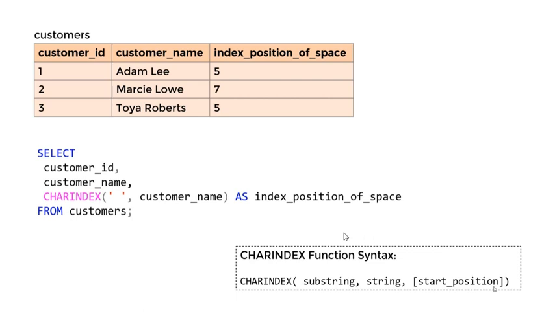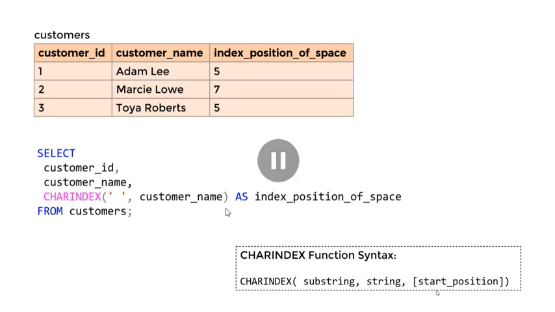In our case, we haven't specified the optional argument, and therefore it is just going to start searching from the start of the string, right? As an aside, in the Microsoft documentation, it is common for them to indicate that an argument is optional by using square brackets, as shown here for the optional start position argument.